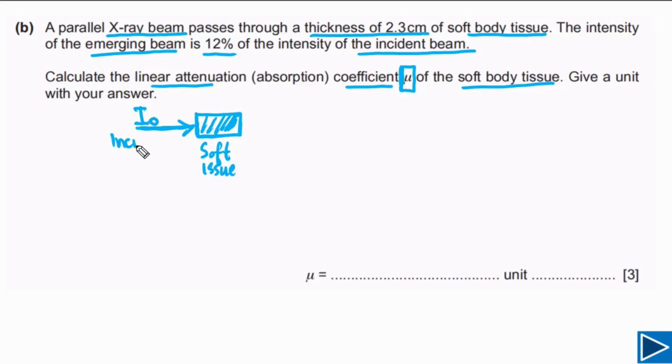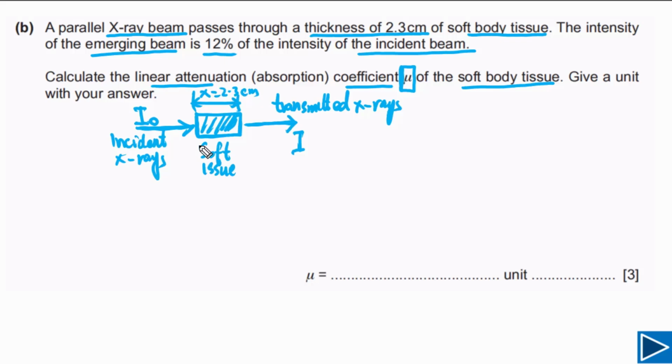Then the intensity of the emerging X-rays, or you can say transmitted X-rays, let's say is I. These are transmitted X-rays, meaning after passing through soft body tissue. The thickness of this soft tissue is given, that is x, and x is equal to 2.3 centimeters. Now the question is asking us to calculate the value of mu.